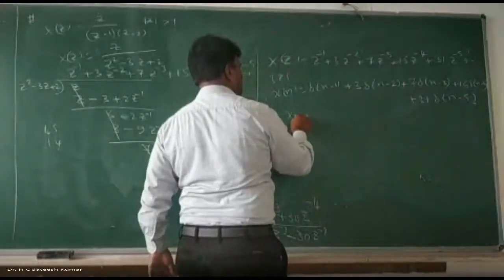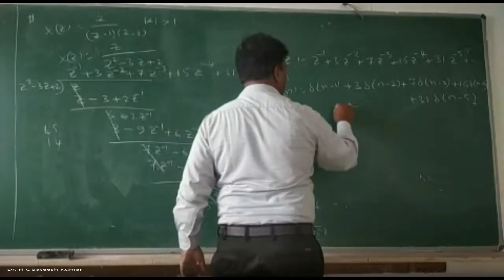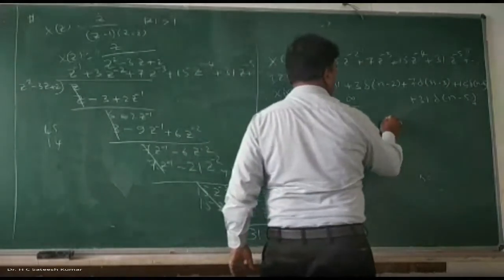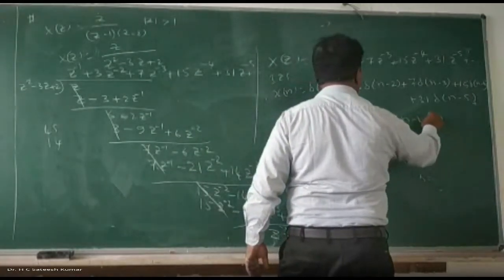Therefore, x of n is equal to summation k ranges from 1 to infinity, delta of n minus k.